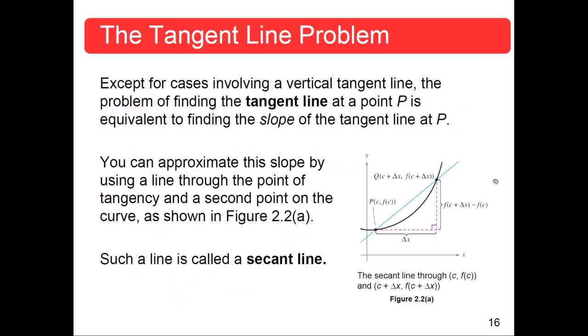So let's say we have 2 points on a curve. Okay? So let's see. We have this point over here. It's C, f of C. And then if we move a little bit to the right, that would be C plus delta x. If this little horizontal distance right here is delta x.